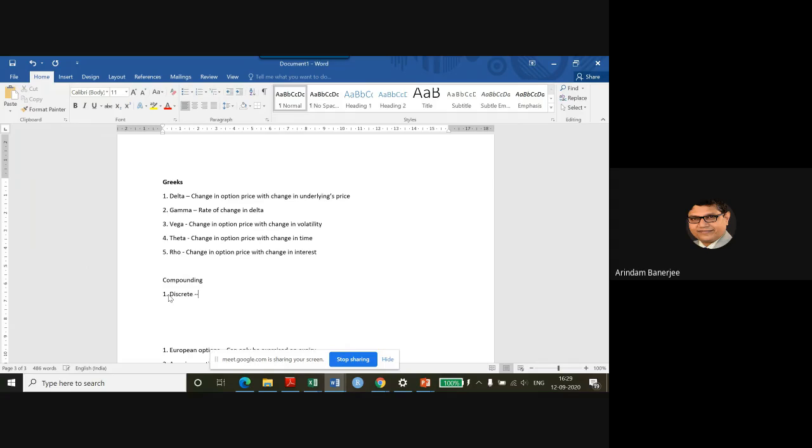When it is discrete, the formula is future value equals present value into 1 plus r to the power t.